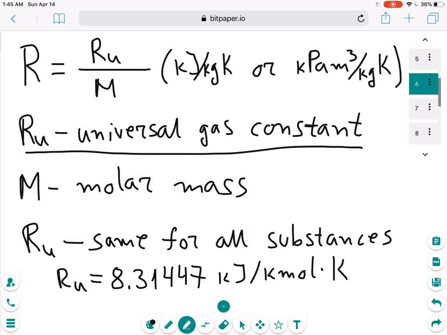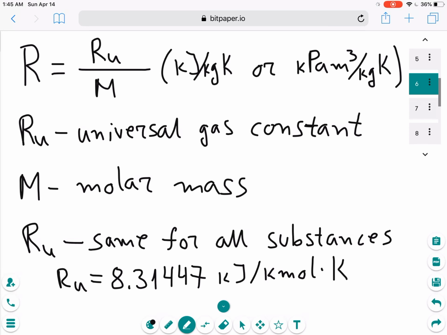If we take that constant and divide it by the molar mass of the gas that we're working with, then we get the specific gas constant. That's how it's calculated. The universal gas constant is, of course, the same for all substances. It has a value of 8.31447 kilojoules per kilomole Kelvin in the SI system.